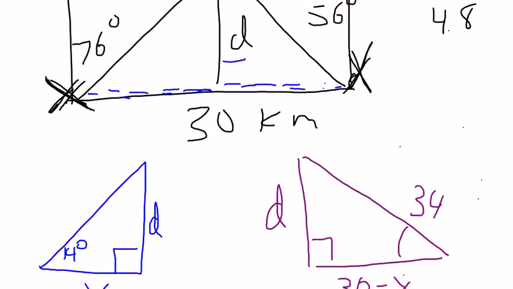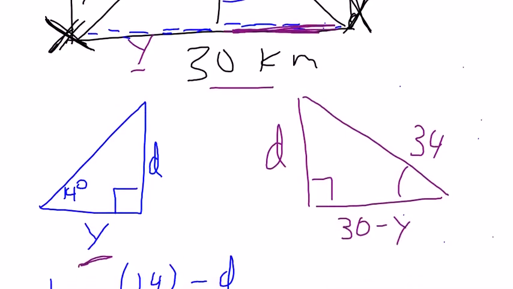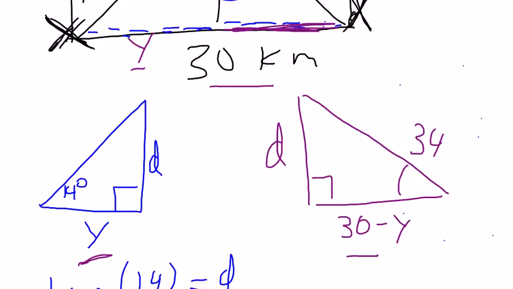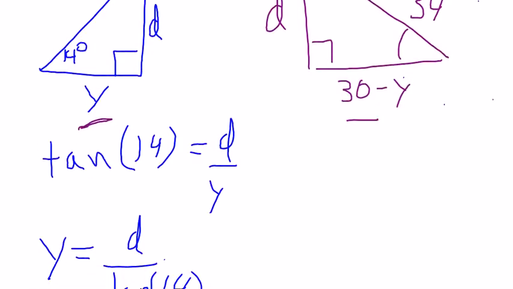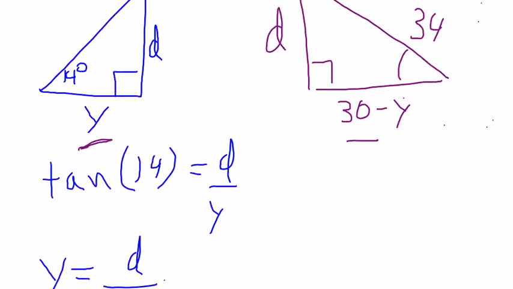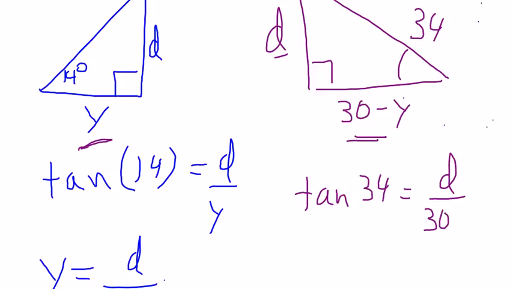That's how this works mathematically. And then we can set up a triangle over here, which we did. But we can use tangent again because we have an angle, opposite, adjacent. So tangent 34 would equal d over 30 minus y.